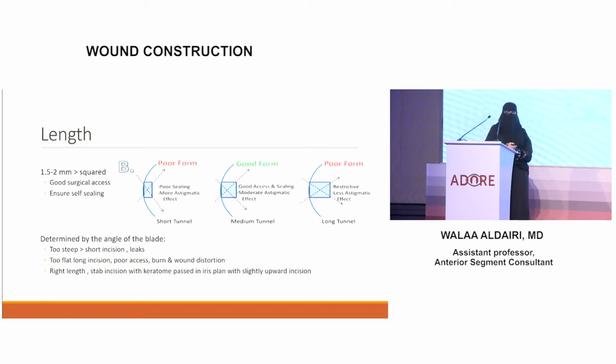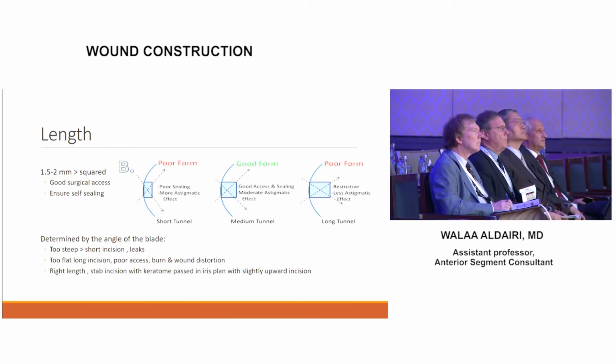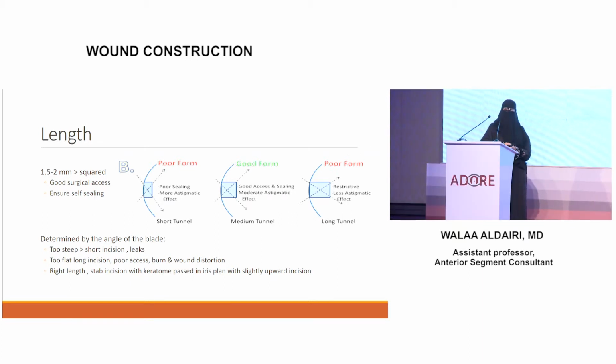So, how can you create the perfect tunnel? It depends on the angulation of your keratome with the cornea. If it is too steep, you will get a short incision, and this will produce astigmatism, and it will give you an unstable anterior chamber. If you make your keratome too flat, you will get a long tunnel, and this will give poor surgical access.